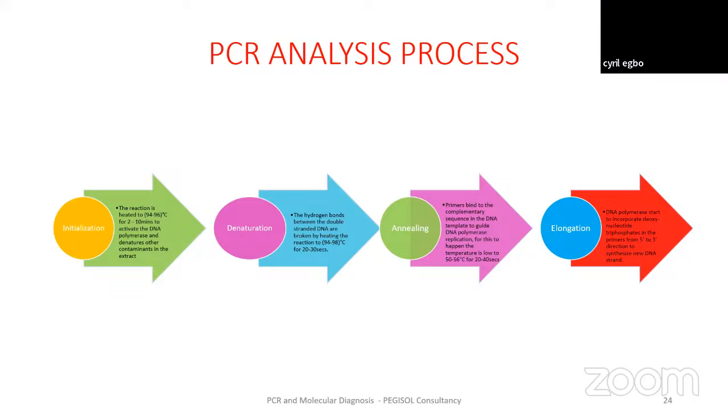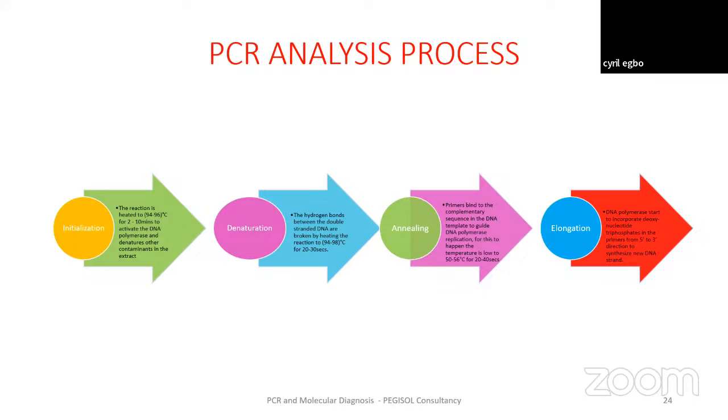So at the denaturing stage, for DNA, there is a breaking of the hydrogen bond that held the 2 helical structures together to release the strands. And it happens between 94 degrees to 98 degrees centigrade. That is why I said the first program for DNA is between 94 to 98, as the case may be.